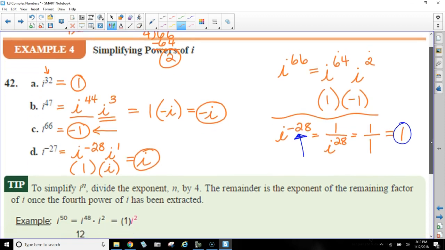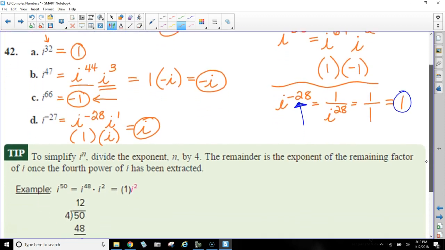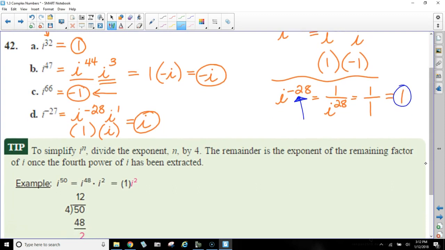Now, the tip in the green box says that if you want to simplify i to some power, you can divide the exponent by 4, then use the remainder to figure out what power of i you have left over. So, for example, if you had i to the 50th, take 50 divided by 4. 4 will go into 50 12 times. 12 times 4 is 48.